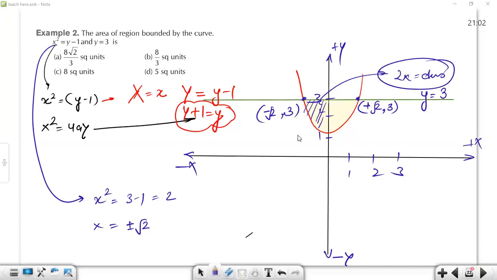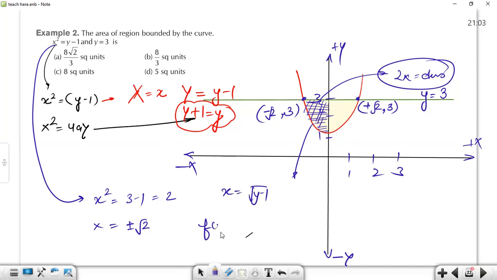Okay, so moving ahead. Finding the area under the curve, let's find the area of this curve with respect to the y-axis, and let's integrate with respect to y. So we need to find the function in terms of y. So x is equal to square root of y minus 1.